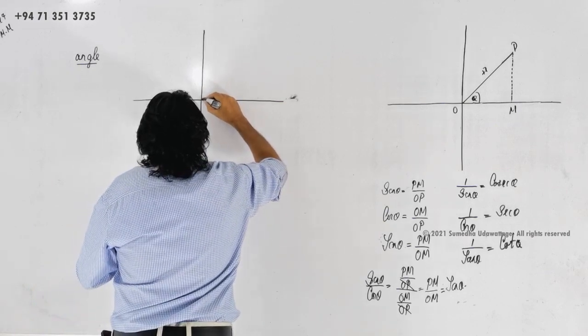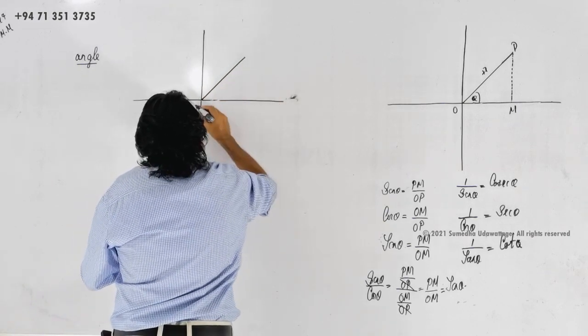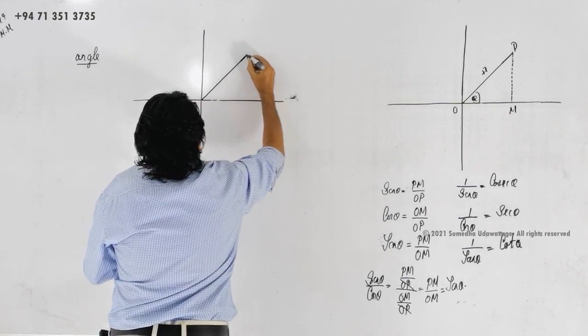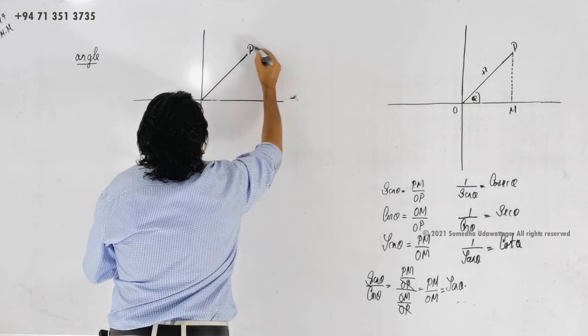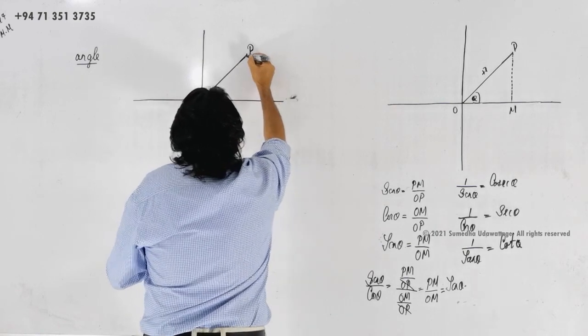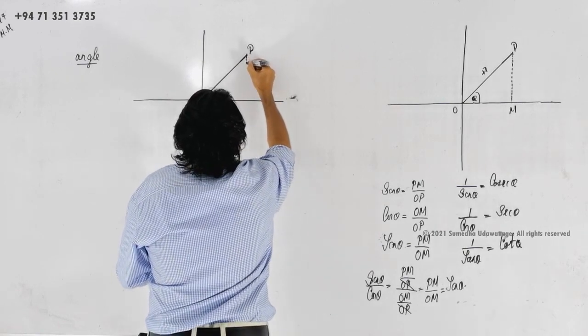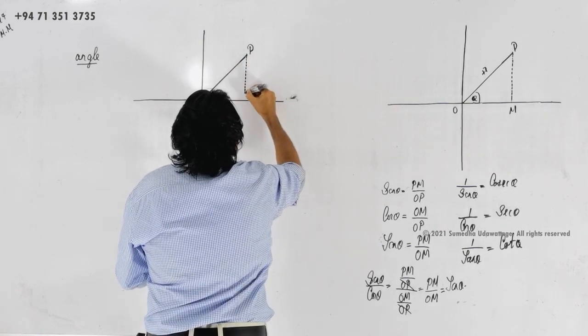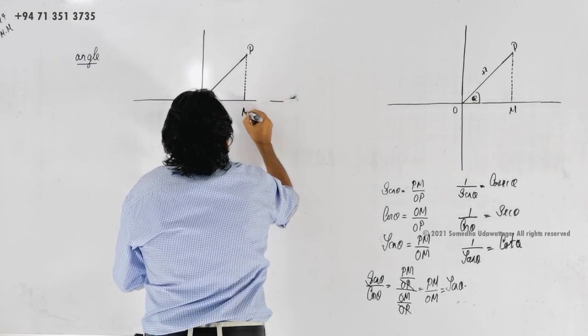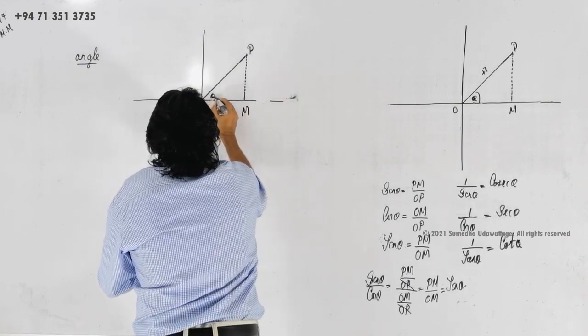Again, we take that line segment OP. You draw a perpendicular from P to the x-axis, and let the foot of the perpendicular be M, with angle theta.